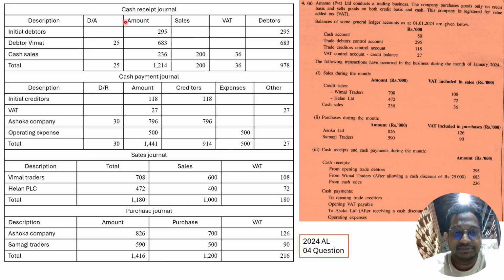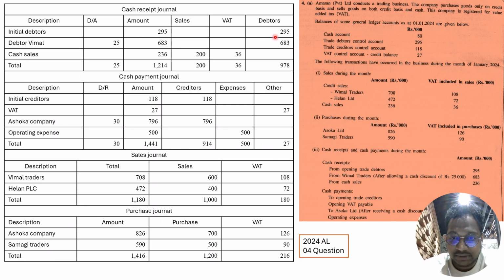So here the cash receipt journal, and when it says VAT registered, which means in every prime entry book there should be a separate column for the VAT, and then the discount allowed as well in the cash receipt journal, and the discount received in the cash payment journal. So from initial debtors, they received 295, and it should be mentioned on the debtors as well.